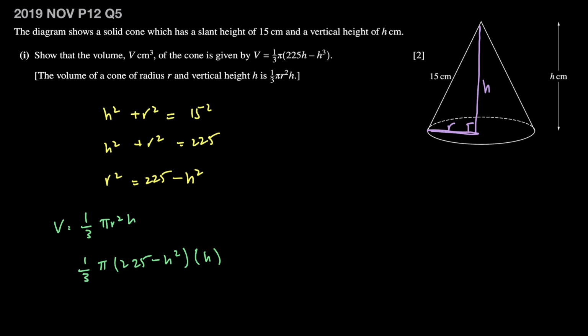And when we expand this and simplify, we get 1/3 π, and then h times 225, which is 225h, and h times h², which is minus h³. So 1/3 π times (225h − h³). So that's your volume of the cone.